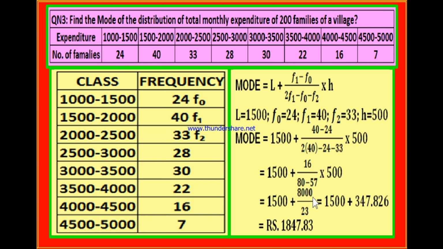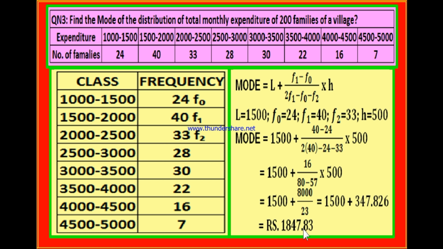Now if you divide 8000 with 23, you may get 347.826. If we add 347.826 to 1500, you will get 1847.826.